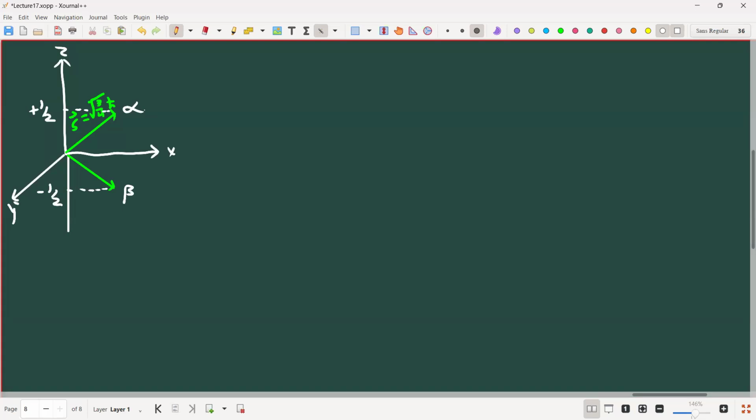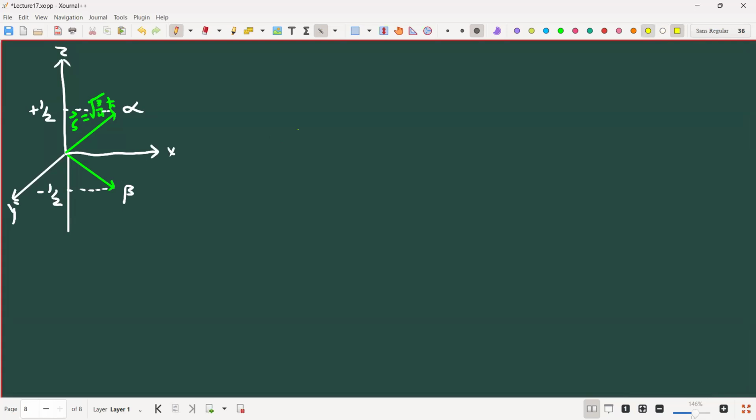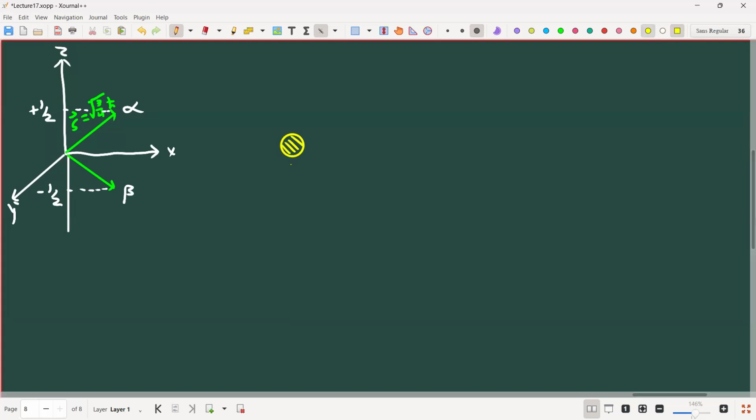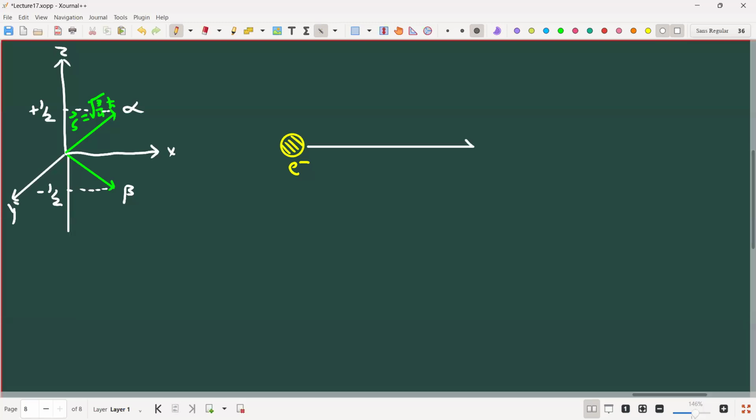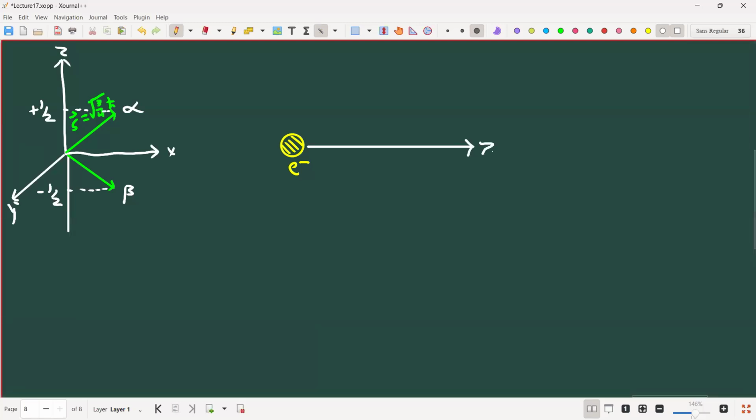Now, what if this were a classical object? What would that spin look like around the proton or around an axis? Well, let's think about the electron as being a ball, and the electron is propagating through space along the z direction.